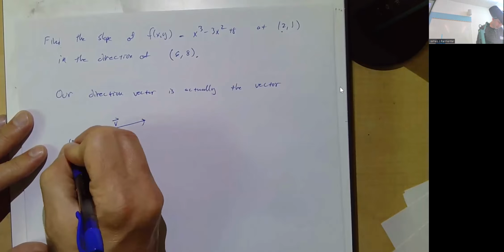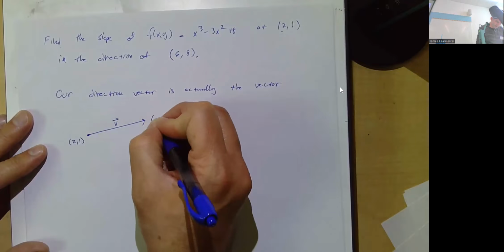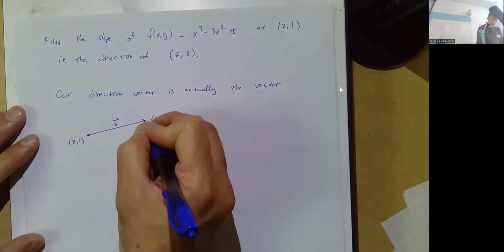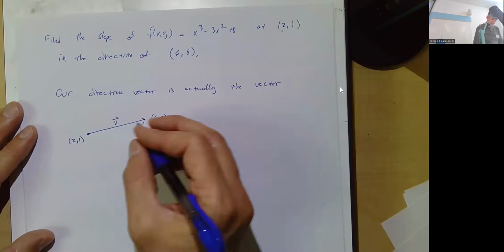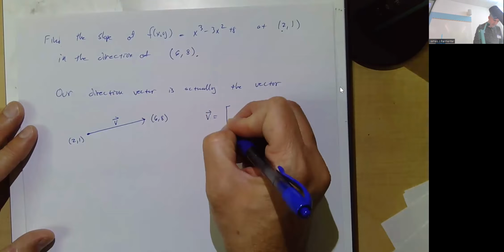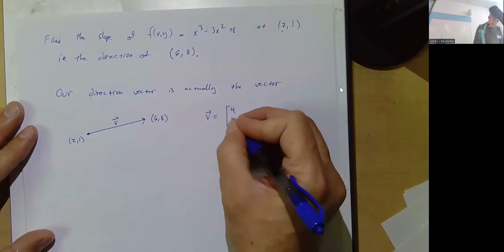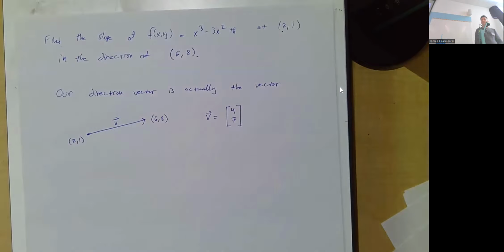It starts at the point 2, 1, and then ends at the point 6, 8. So our vector is, well, the x coordinate is 6 minus 2. The y coordinate is 8 minus 1. Technically, when people say direction vector, they usually mean unit vector, but really this vector is also a direction vector. It's pointing in the correct direction. We just have to make sure that when we find the answer here, we normalize our answer.